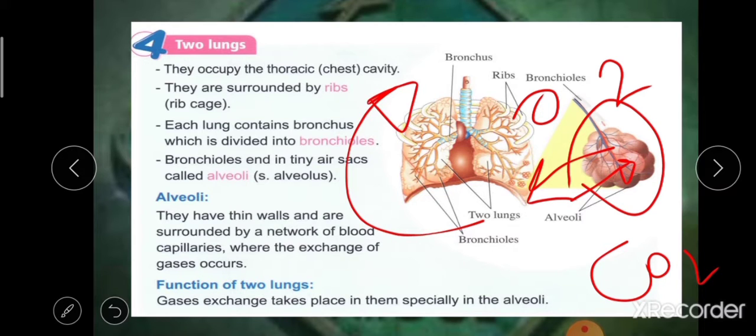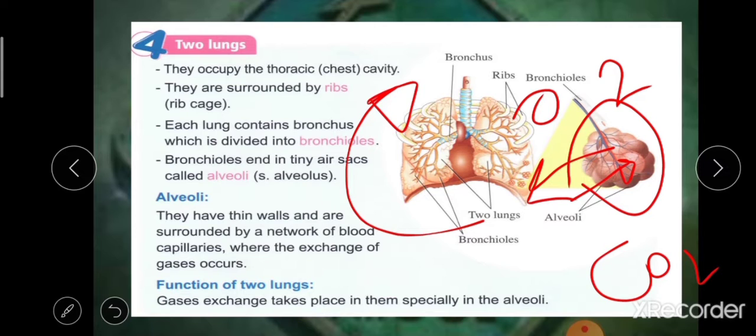Burning food occurs inside the cell. The cell is the building unit of the human body. So the cell takes oxygen from the blood and mixes it with food, and the respiration process produces energy, carbon dioxide gas and water vapor.